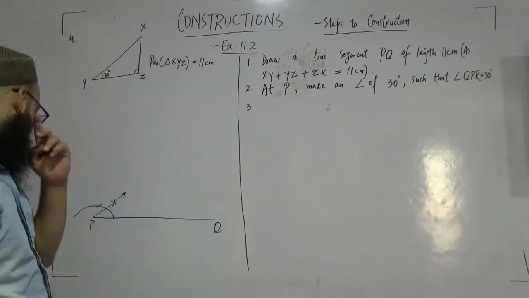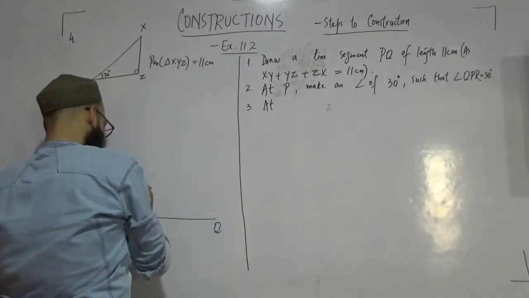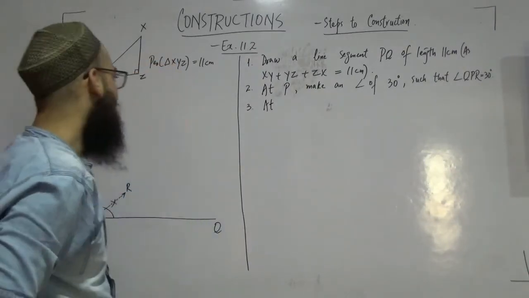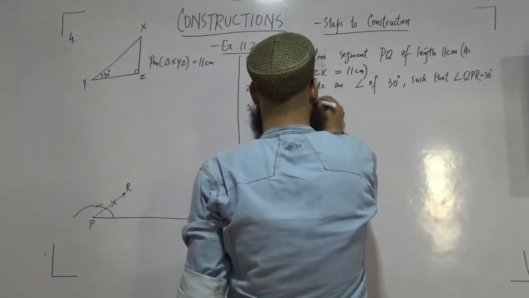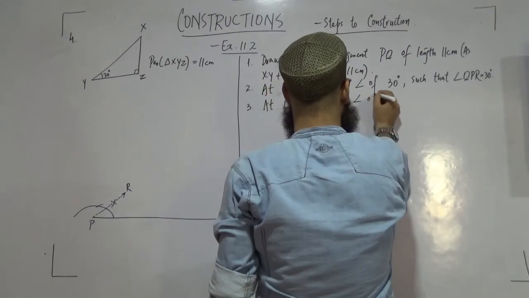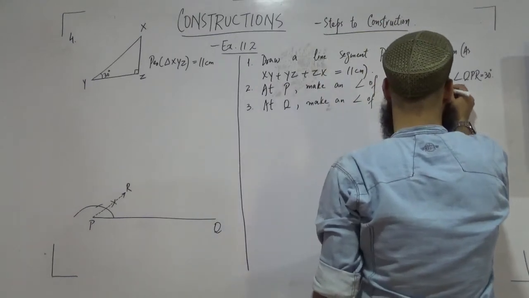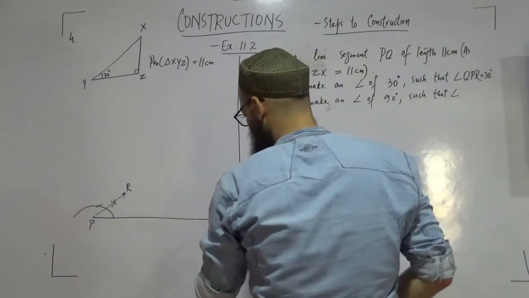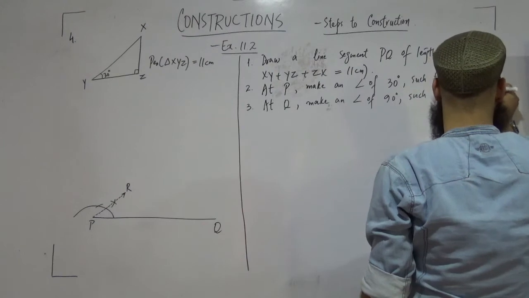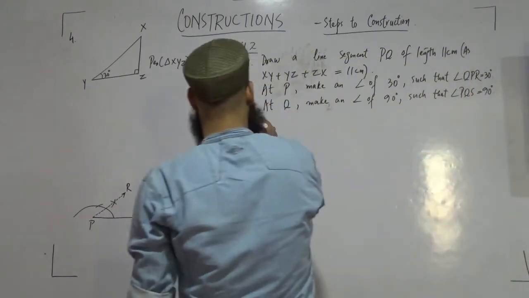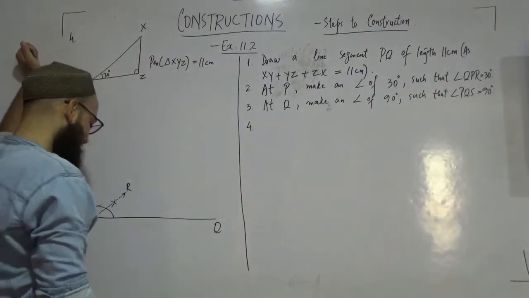Make it dotted. This is your 30 degree. At Q, do the same thing, at Q, make an angle of 90 degree such that angle PQS is equal to 90. Now make 90 degree here.